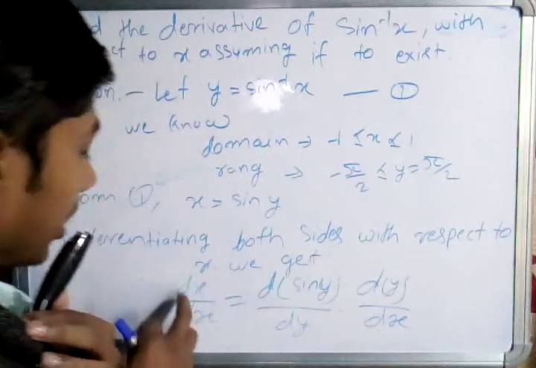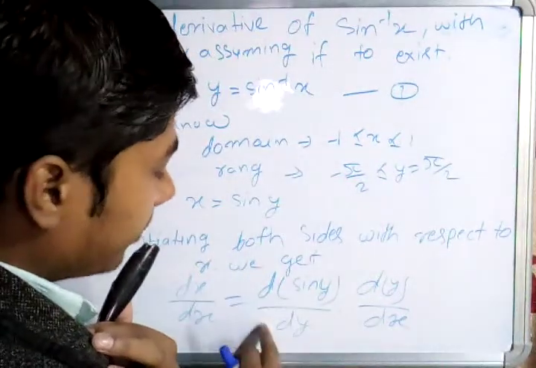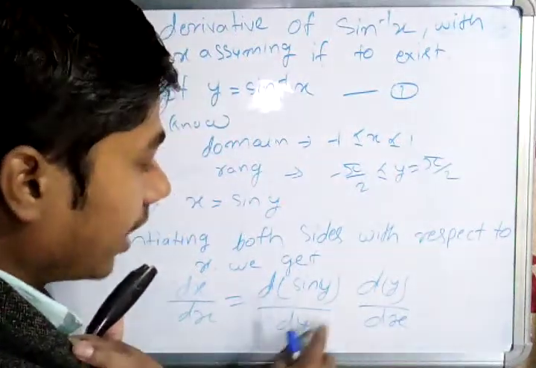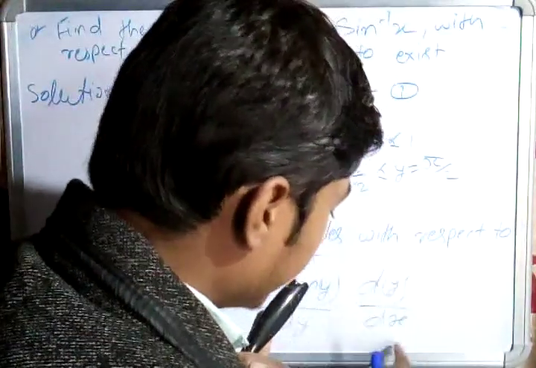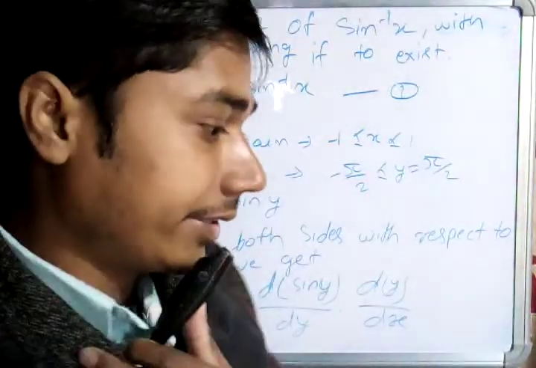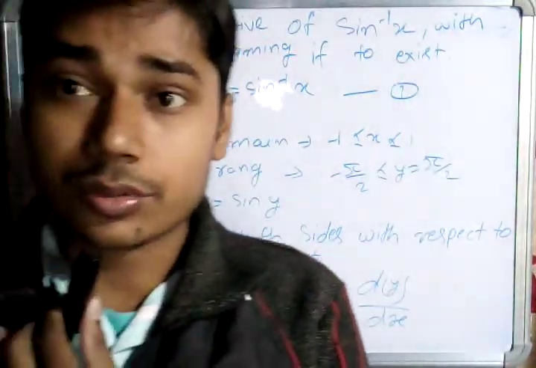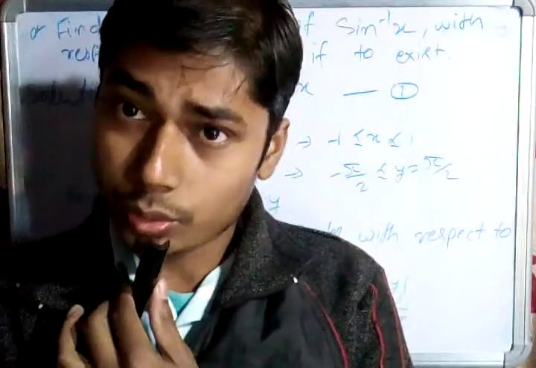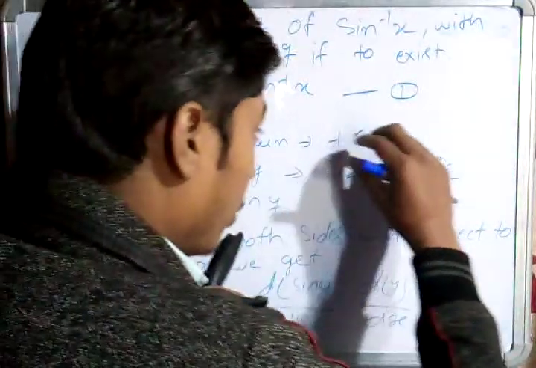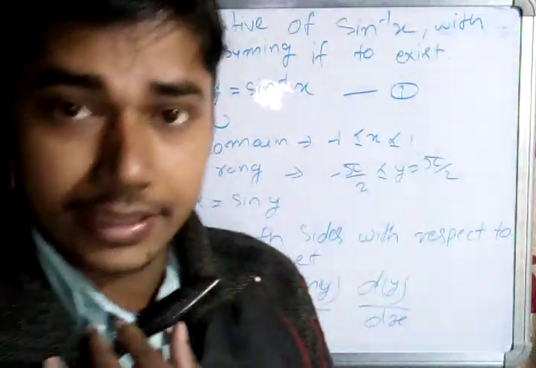we get dy upon dx is equal to d of sine y by dy. Then we write dy into dy upon dx, because this is the chain rule.